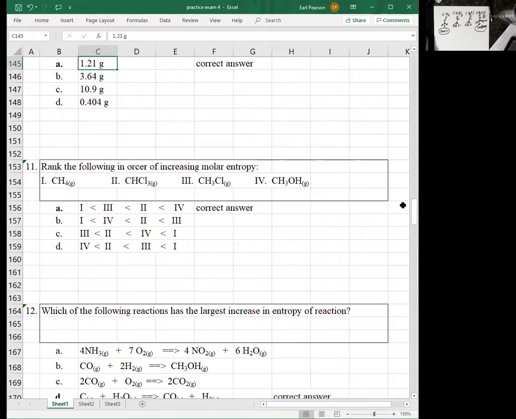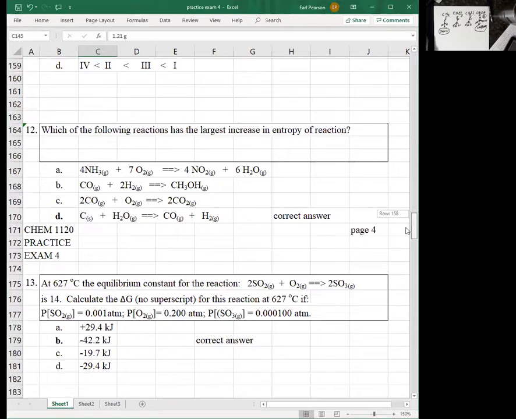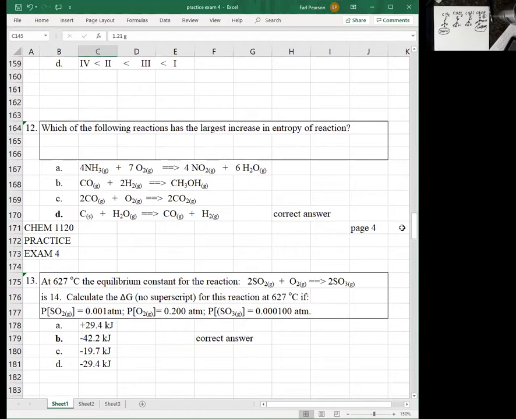Number 12 says, which of the following has the largest increase in entropy? Let's remember what entropy is about. It's about disorder. The more particles and molecules you have, the more disorder, and the higher the entropy is going to be.